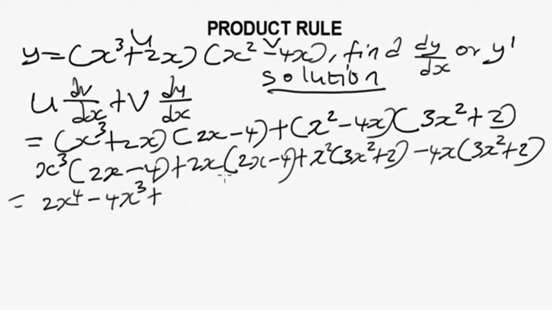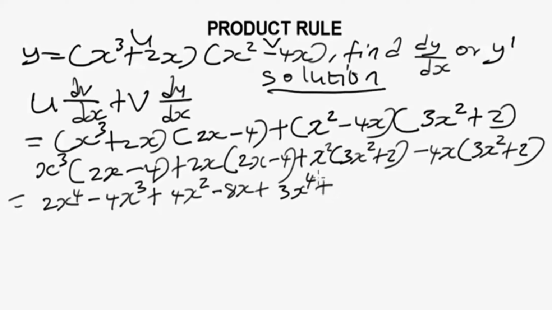Plus 2x times 2x, we're going to have 4x squared. 2x times minus 4, guys, we're going to have minus 8x. Plus we have x squared times 3x squared, we're going to have 3x raised to the power 4.